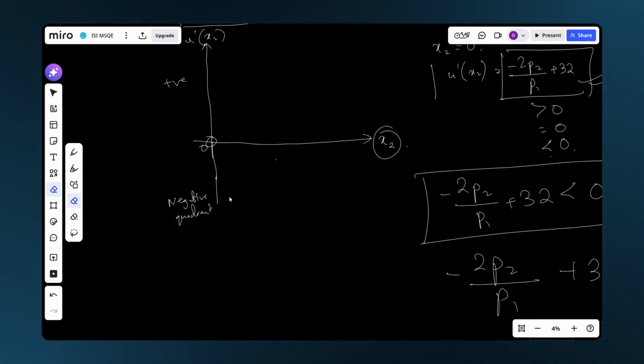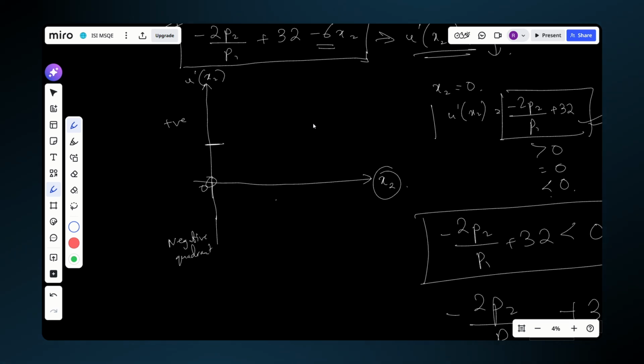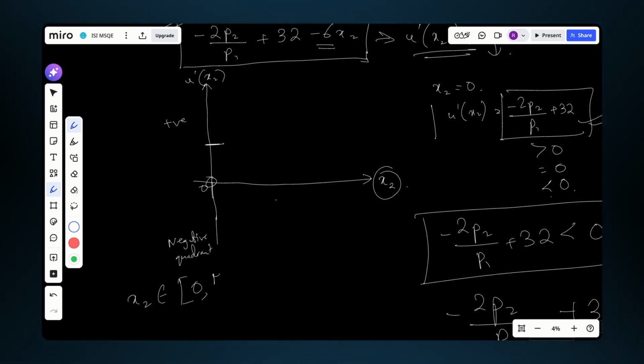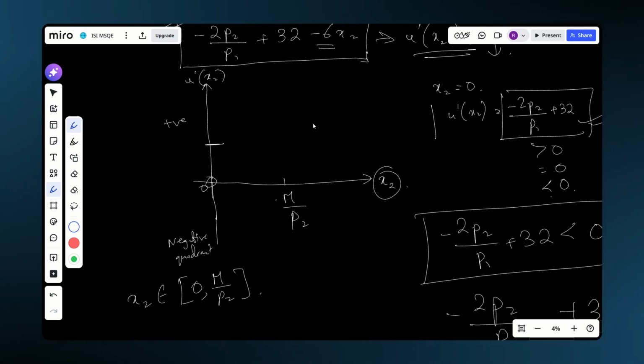Now let's see what is going on. So this is our intercept, let's say, and we know that x2 is between 0 and m by p2, right? Let's say m by p2 is somewhere around here.